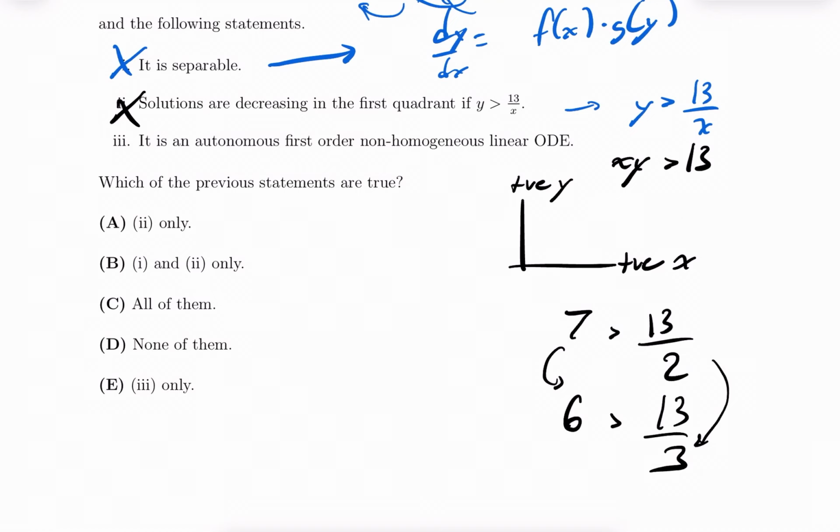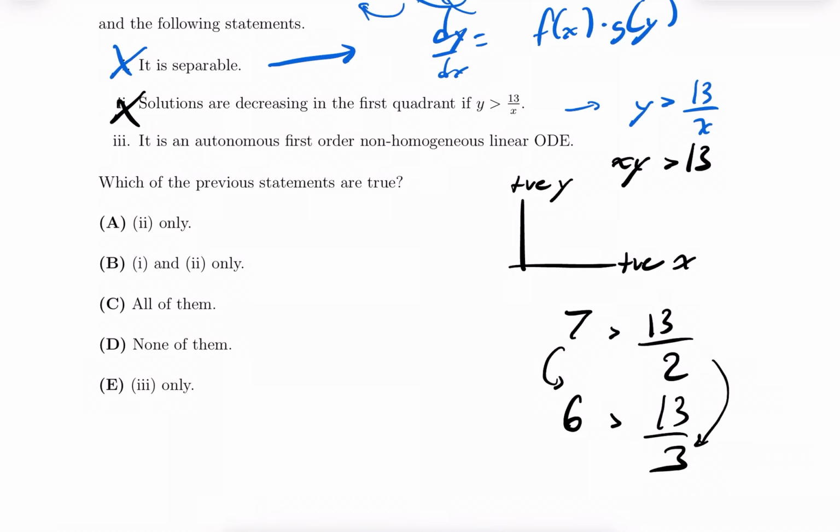Now, is it an autonomous first order non-homogeneous linear ordinary differential equation? Autonomous is more so, and I don't want to say anything wrong here, but when I read this question, I think I might have got it wrong the first time around.